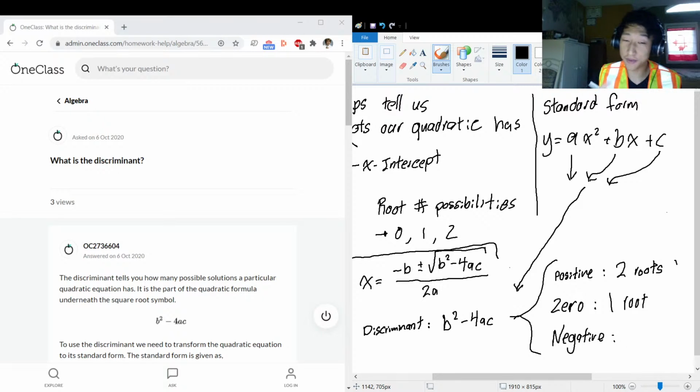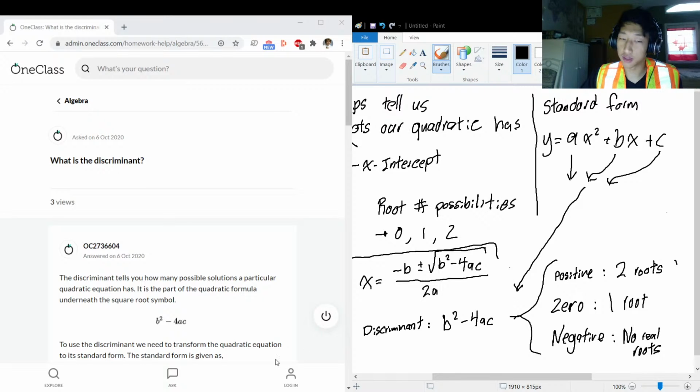Once you go a little bit deeper into your mathematic magics, you'll see that you'll have some complex roots, but for these purposes, no real roots. You can just write no roots, because real or imaginary, you don't need to worry about that for now.